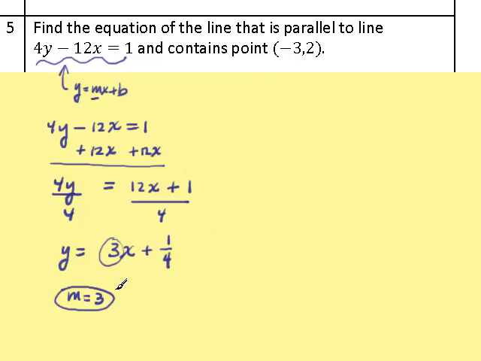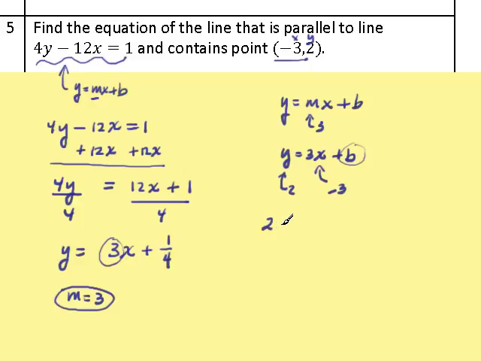All right, so now we have a slope and we have a point. So we'll write down the equation of our line using y equals mx plus b, filling in a 3 here, y equals 3x plus b. And now we get the value of b by substituting in x and y, minus 3 here, 2 here.